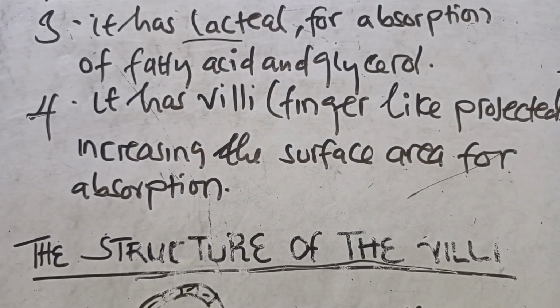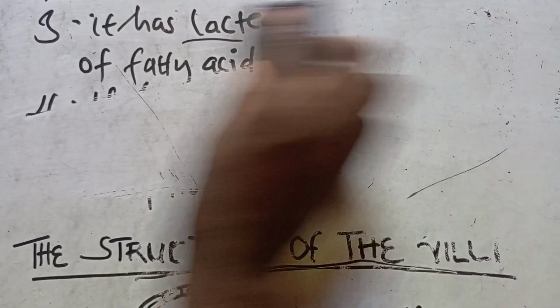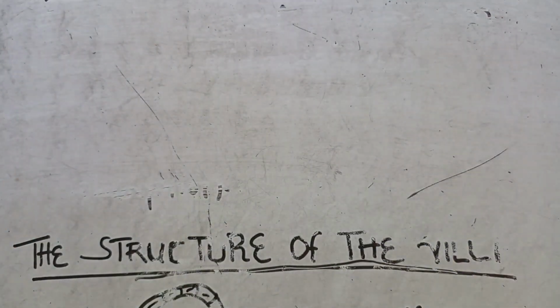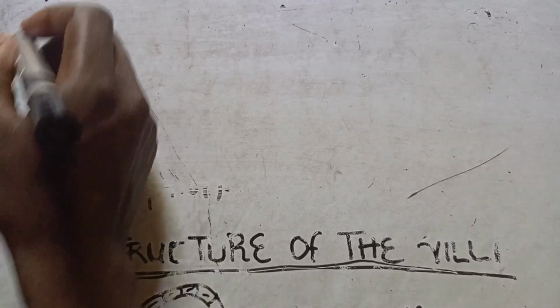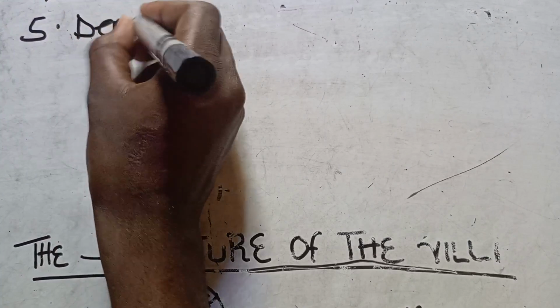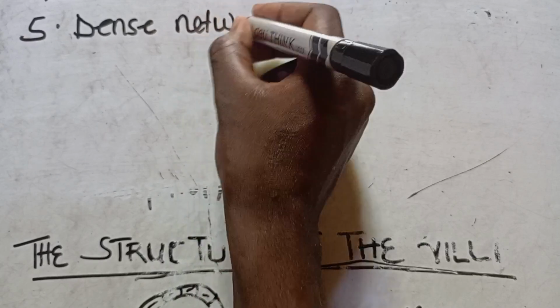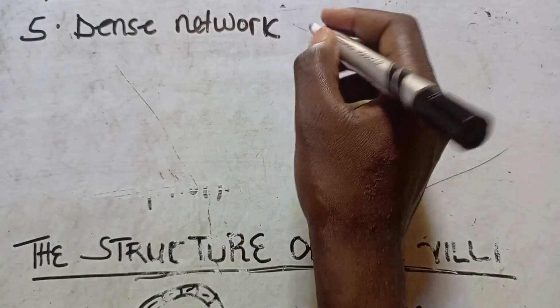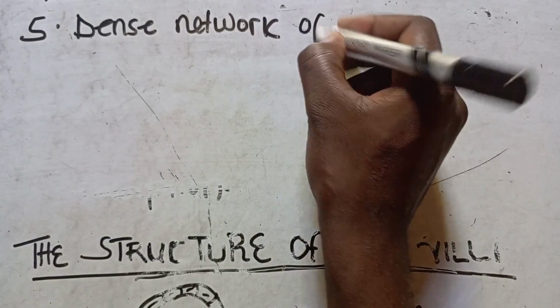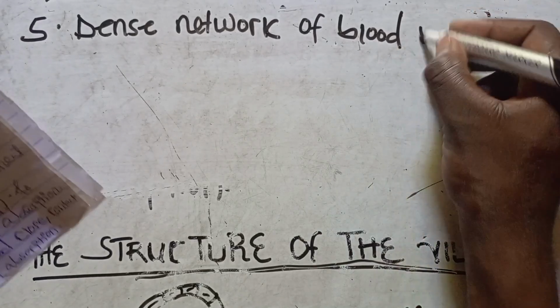Okay, so another thing, which is the fifth point for the adaptation of the ileum, is that it has a dense network of blood capillaries. So number 5, we are saying that it has a dense network of blood capillaries.